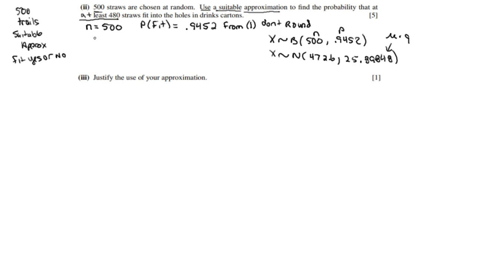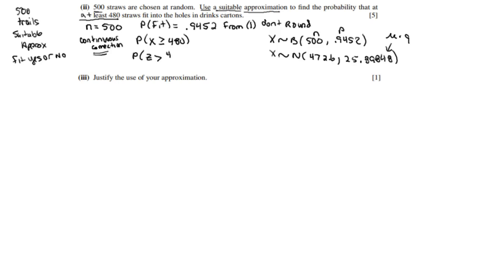All right, so let's go ahead and try this. We got to keep in mind, though, whenever we're doing a suitable approximation, that we have to do a continuity correction. And so we're looking at x is greater than 480 because we want it to be at least 480.